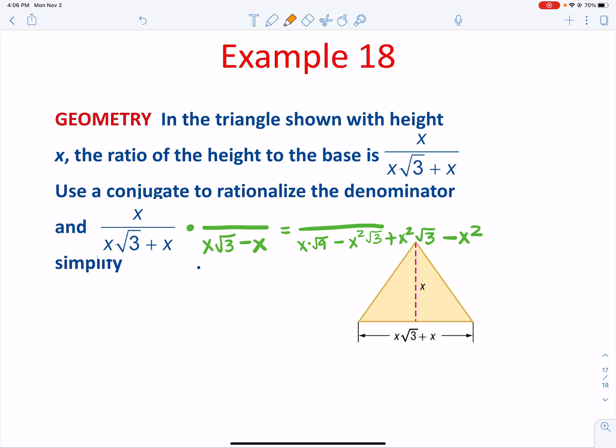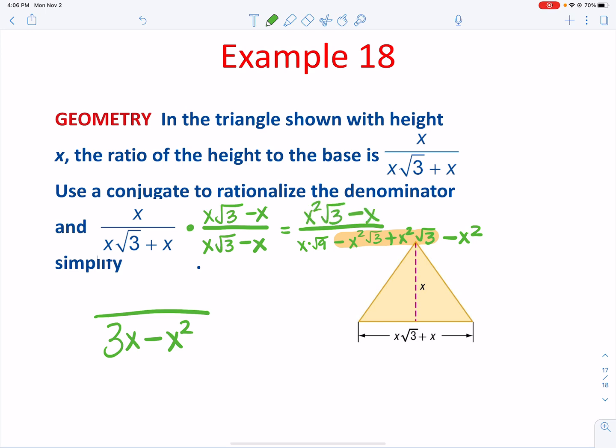So these middle terms would cancel, and so I would end up with 9, the square root of 9 is 3, so I'd end up with 3x minus x squared. So now if that's what I multiply the bottom by, that's what I would multiply the top by. So that would be x squared root 3 minus x squared, right? So I'd have x squared root 3 minus x squared.